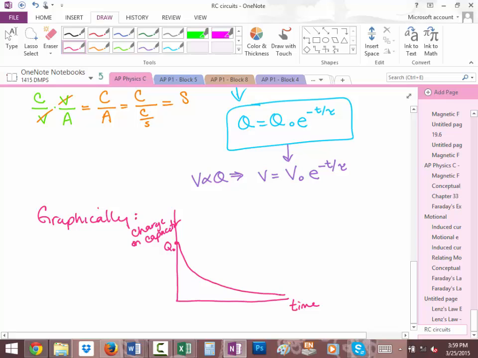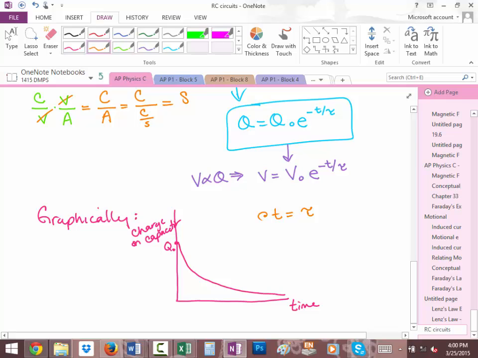Now, not only do they want you to look at that, but we're going to take it one step further and say, what about if we look at specific times? Like, for example, what about at the time when t equals tau? When t equals tau, what's that thing going to be?